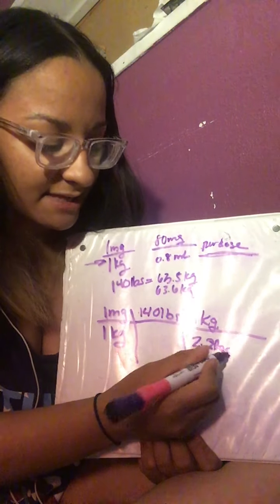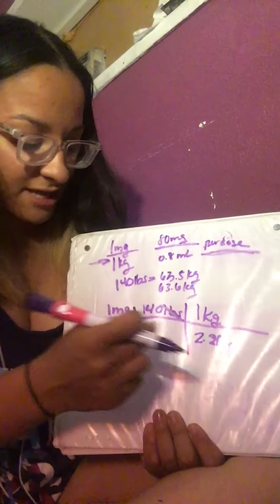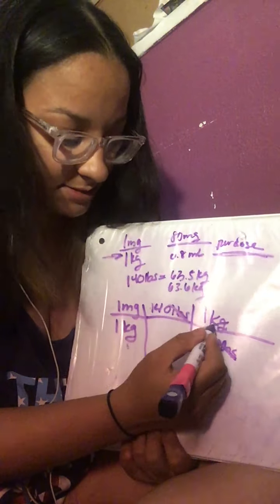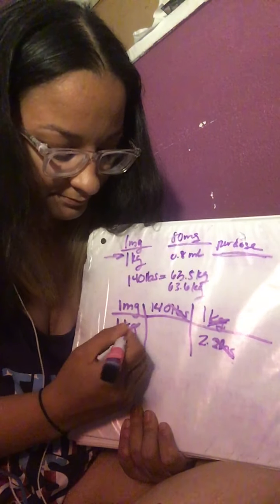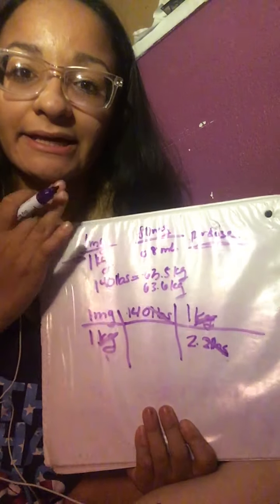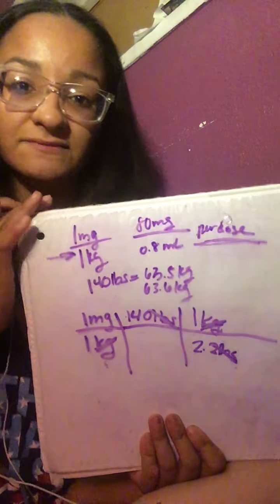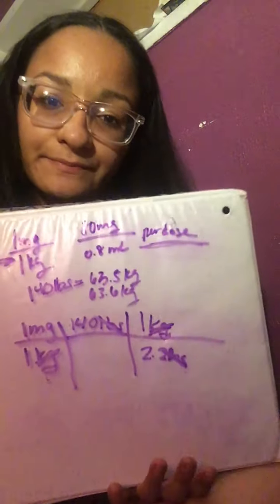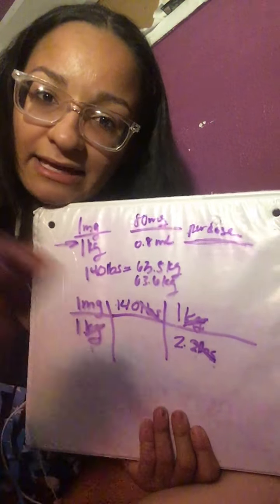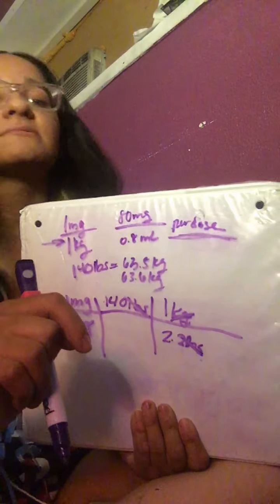The pounds cancel. And look at that, the kilograms on the bottom and on the top, we can cancel that too. Okay? Might not always work out like that, but I try to think ahead of time so that way it kind of does. All right? Our goal is milliliters because the end of the question says blank milliliters. So we're looking for milliliters.